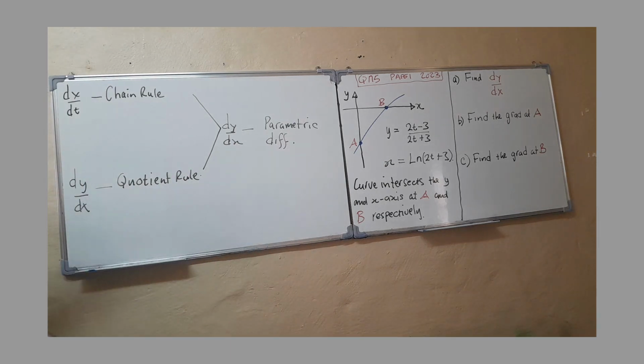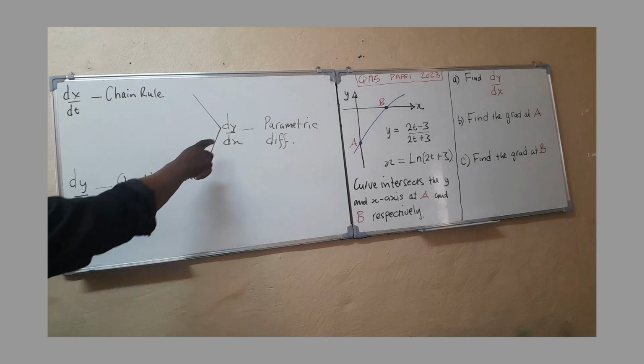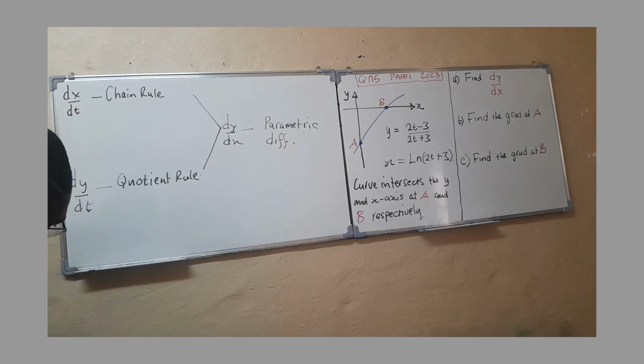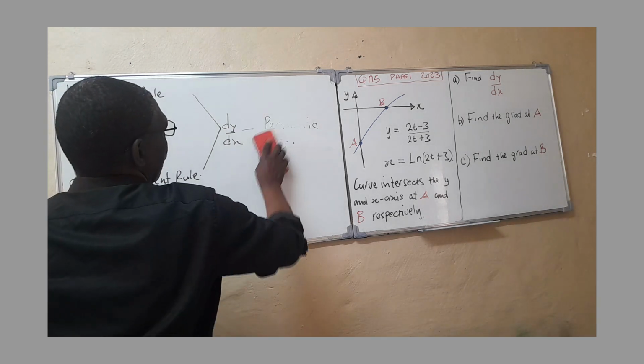So first of all, dx/dt, chain rule. Then dy/dt, again our quotient rule, to get our dy/dx through parametric differentiation. So let's see how this works in our particular example.